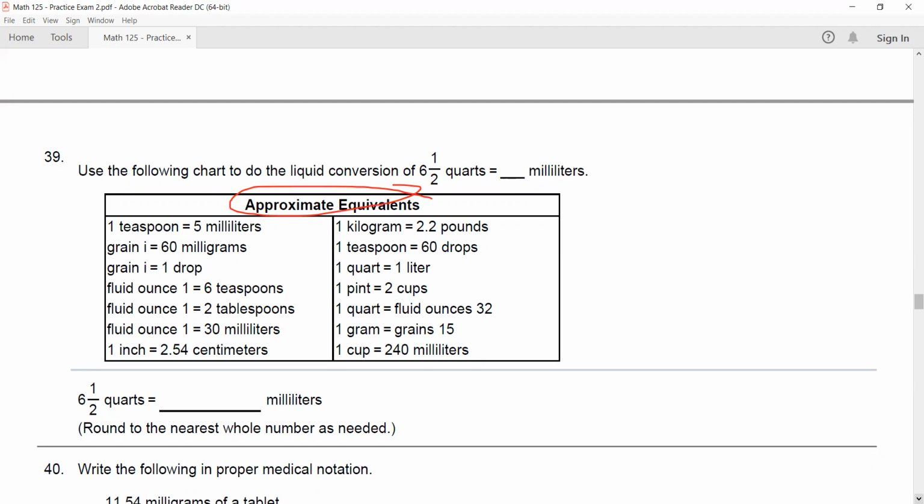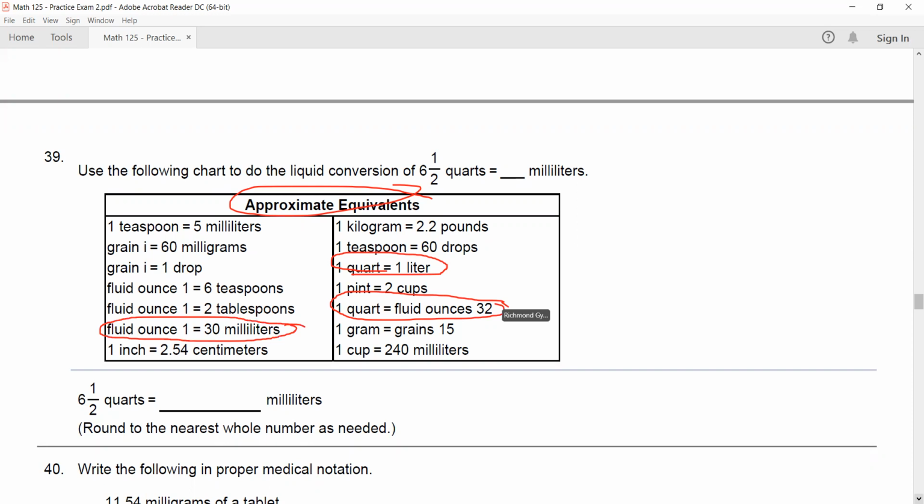Now, because we are dealing with quarts, I see one here. 1 quart equals 1 liter, right? And then I see another one here. But do I have a conversion from quarts to ml or milliliters? No, I don't. But I see that I have fluid ounce here and then ml here.